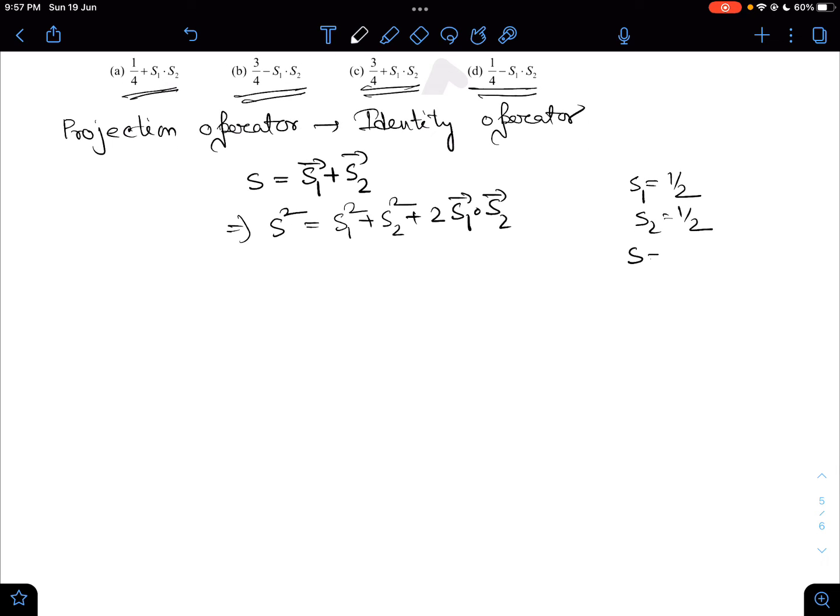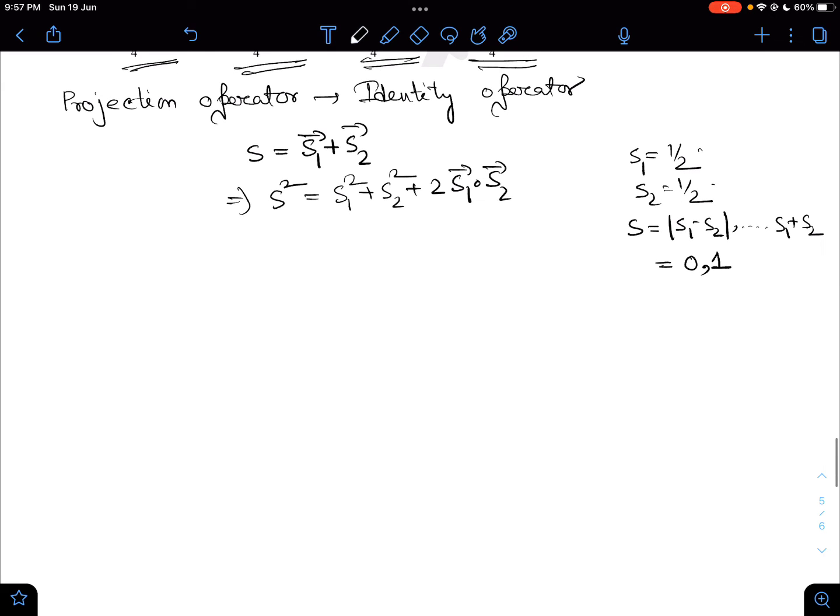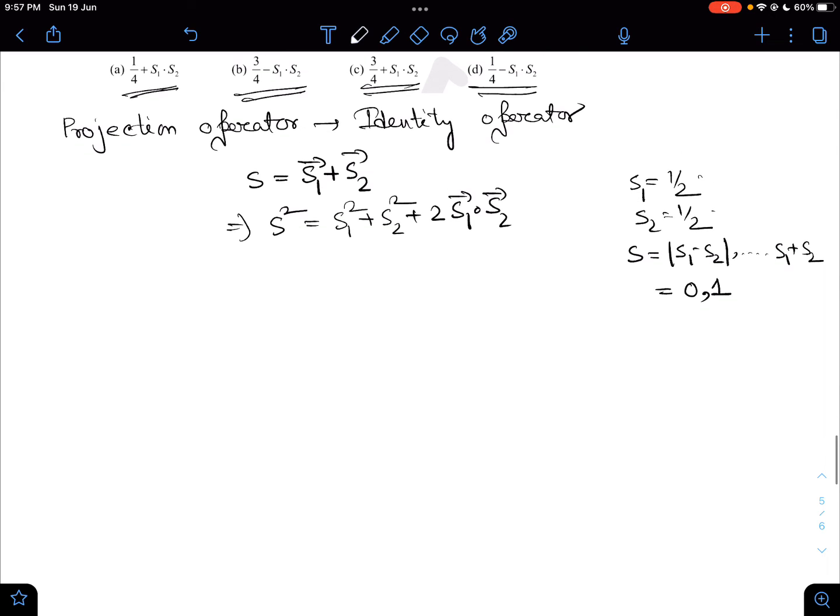Now we know if S1 has value half and S2 has value half, then our total spin can have values from S1 minus S2 to S1 plus S2 in steps of 1. So here for both spin half particles, S can have values 0 and 1. And we know that S squared has expectation value S1 into S1 plus 1 h cut square.